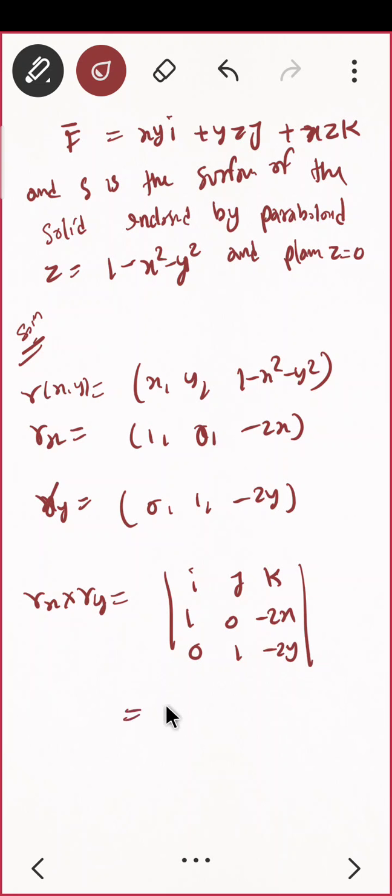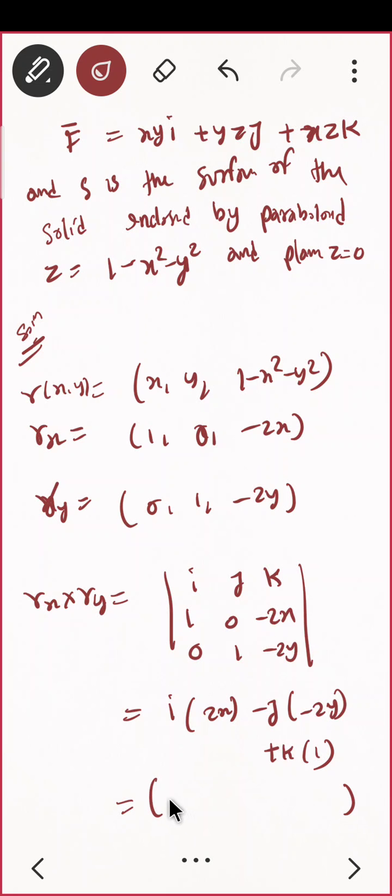Find it. I multiply with this and this, so it will become 2x, minus j multiplied with minus 2y, and plus k multiplied with 1. I'll just write it in coordinate form. That is 2x comma 2y comma 1. Am I correct? Just quickly verify this and we'll go ahead.